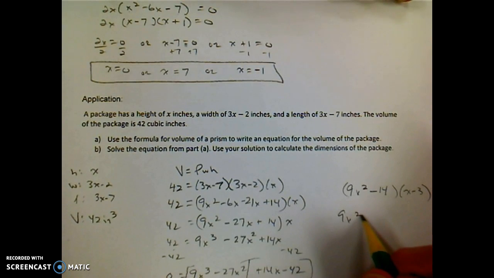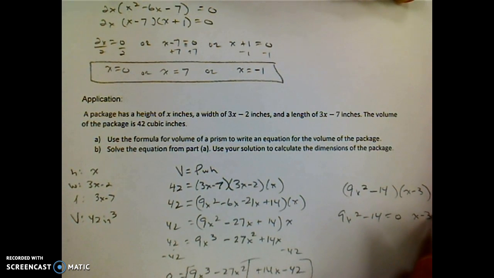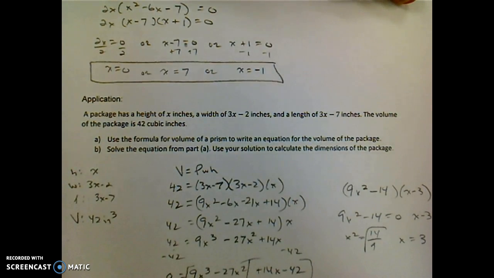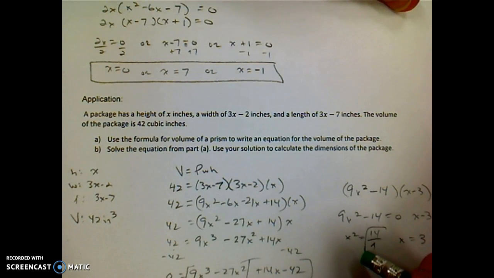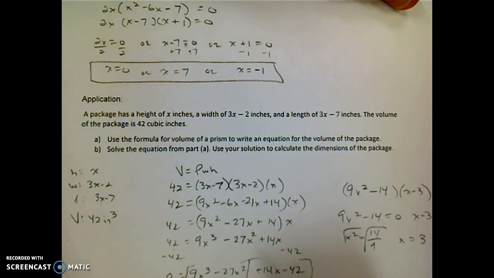So 9x squared plus 14 equals 0, or x minus 3 equals 0. So we're going to get kind of an unusual square root here. I also have an x equals 3.